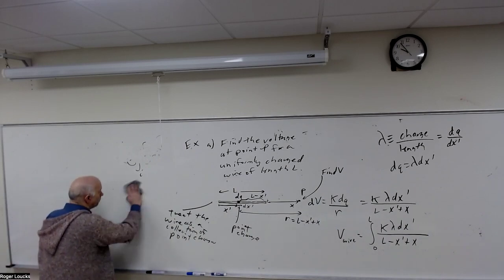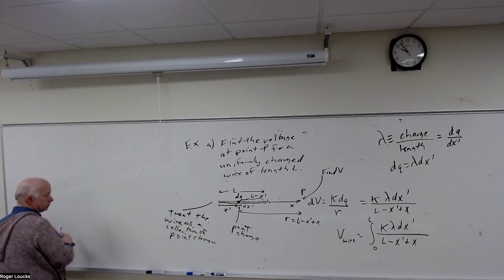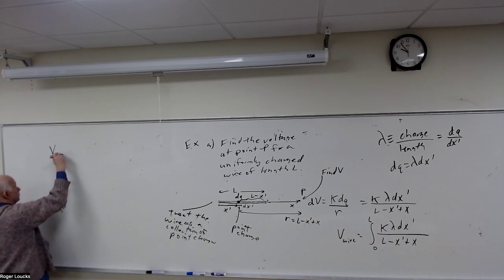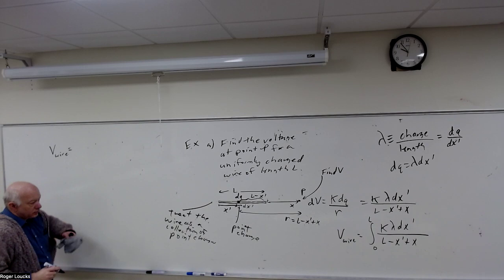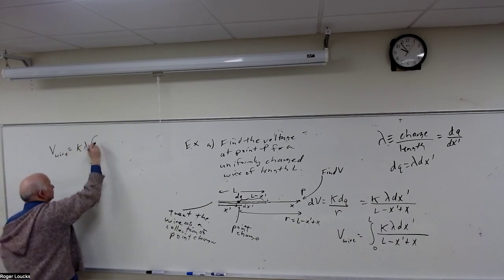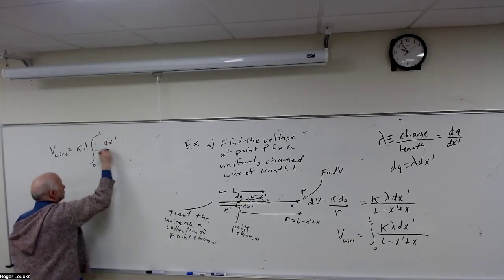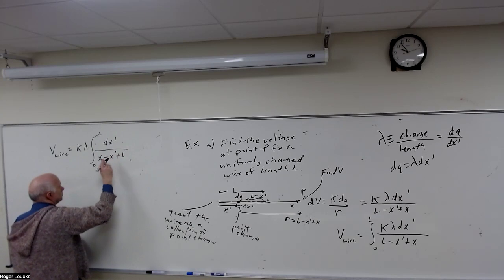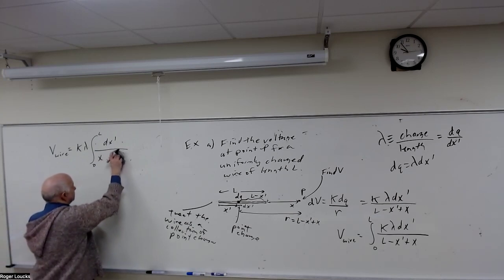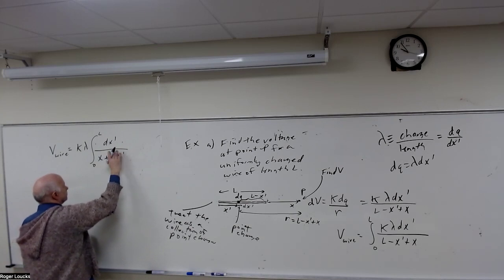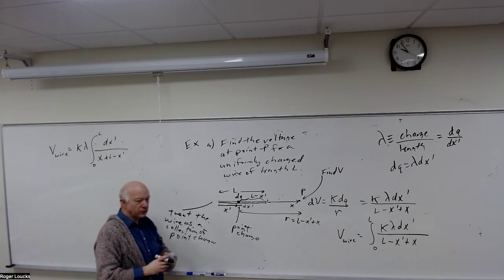Okay, so let's do that integral. To do the integral, I'm going to pull out a K and a lambda. Actually, I'm going to rewrite it like this. So what is that integral then?